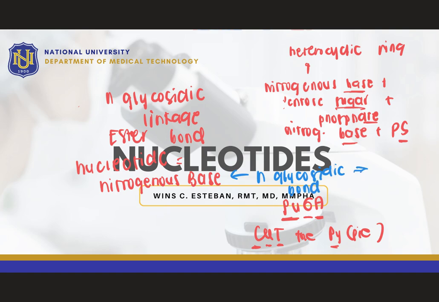So, it is between your nitrogenous base and your pentose sugar. And this structure is your nucleoside. So, if you combine this pentose sugar with your phosphate, sabi natin, the bond is your ester bond.